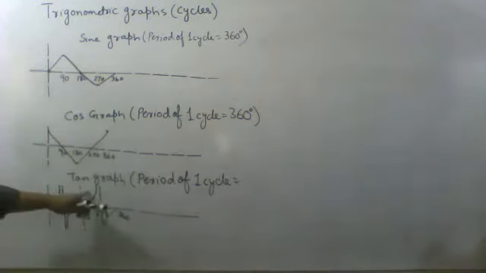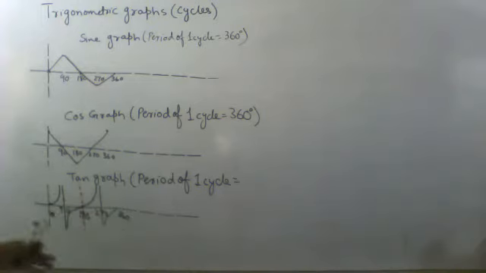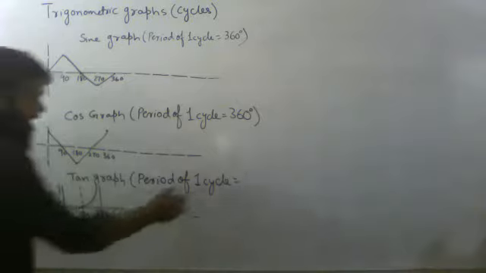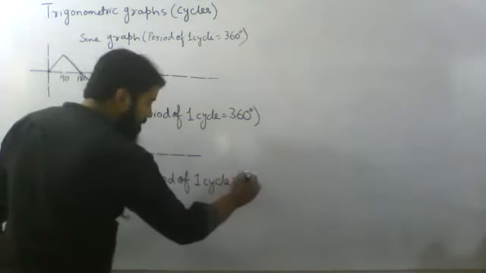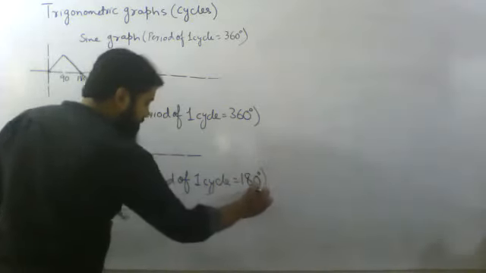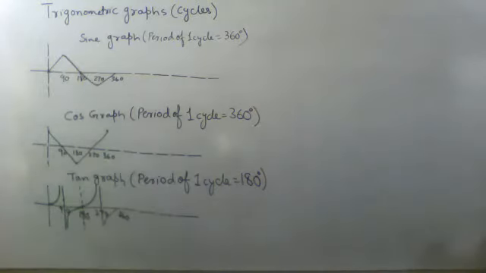It means this point and this point are being repeated. It means from 0 to 180 degrees, the cycle of tangent will be completed. One cycle of tangent will be completed from 0 to 180 degrees.